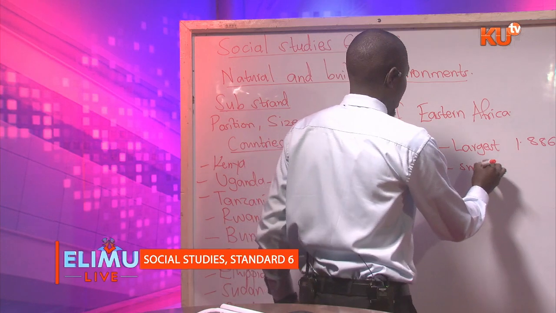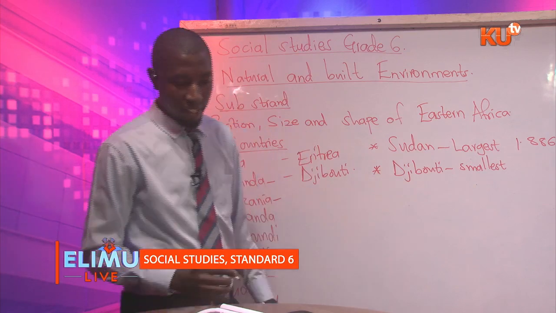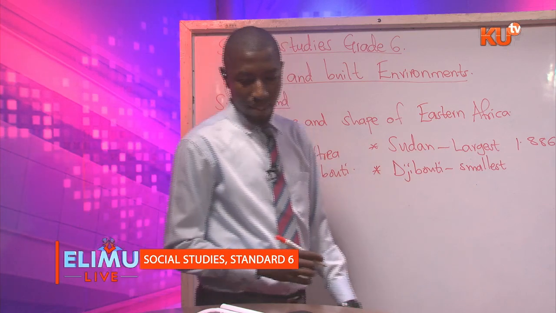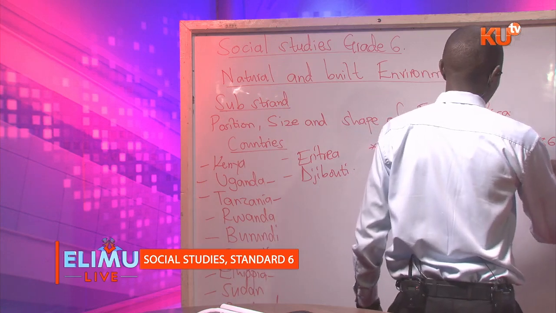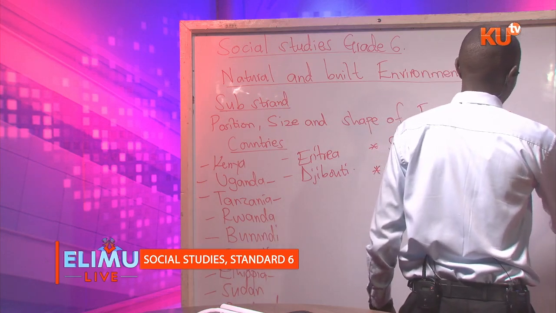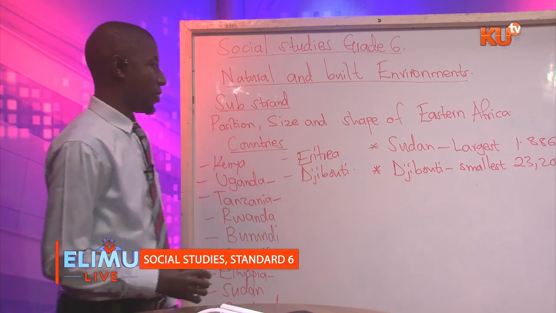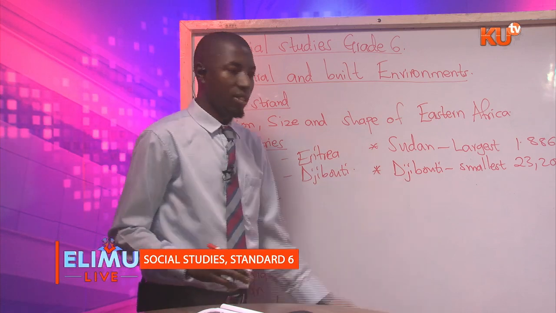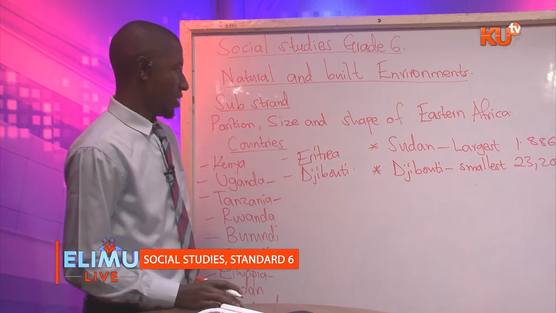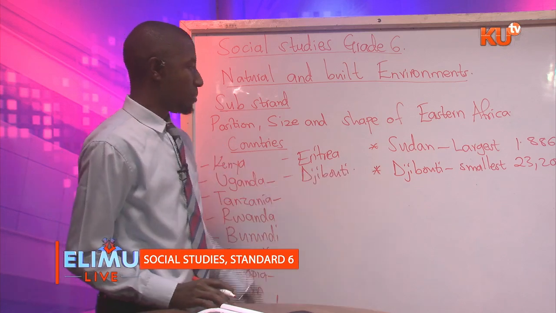It only has a size of 23,200 square kilometers. You can see the difference between those two countries. This is approximately the size of Nairobi County or maybe Machakos County in Kenya. So it is very small.